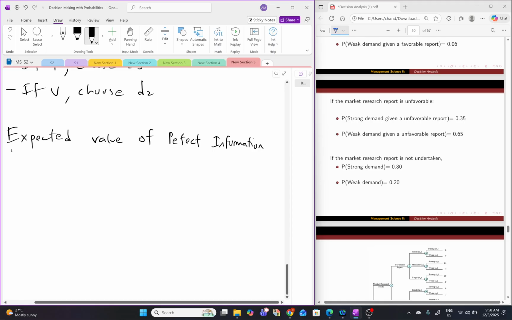Expected value of perfect information. I call this as EVPI.